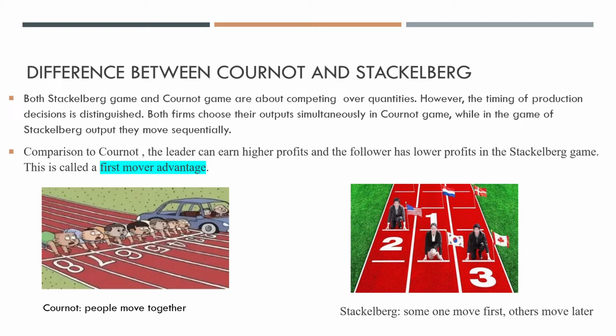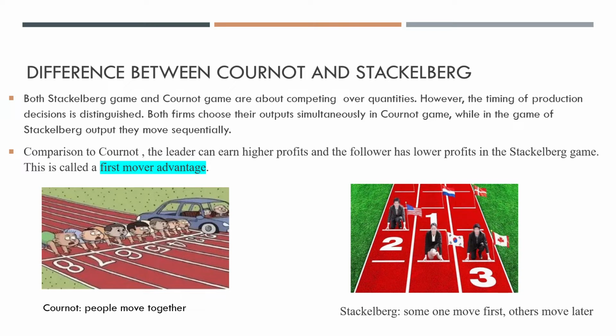However, for the Stackelberg game, after the first firm makes the production decision, the second firm can have a reference to the first firm's decision, then make its own output.